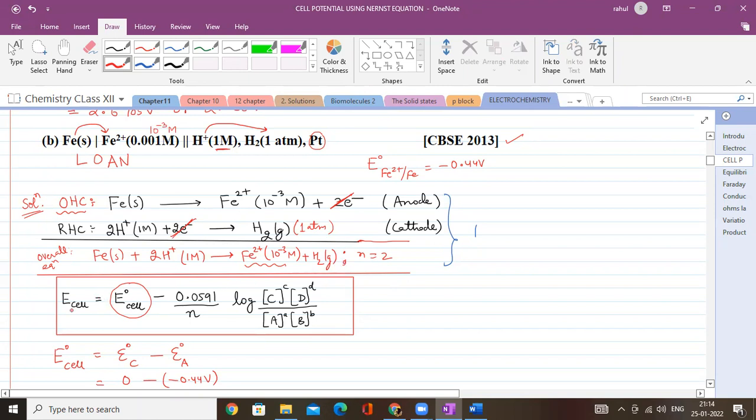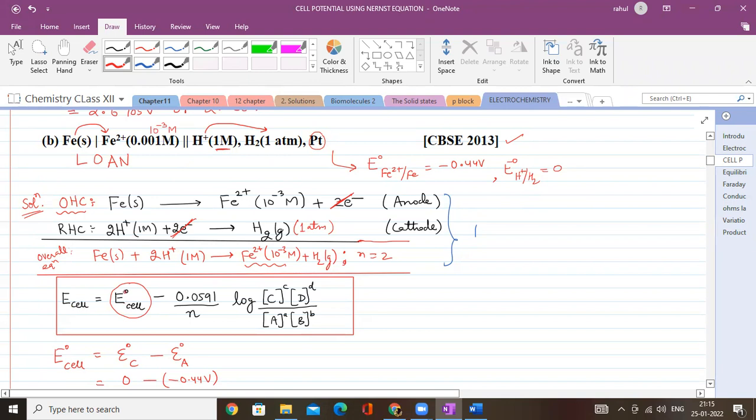Now, if I write down E of the cell, the value of E naught of Fe2+/Fe will be given to you in the board whenever they ask this question. And the standard hydrogen electrode has a value of 0. So whether it is provided in the exam or not will not make any difference, because if the value is not given, it should be taken as 0.